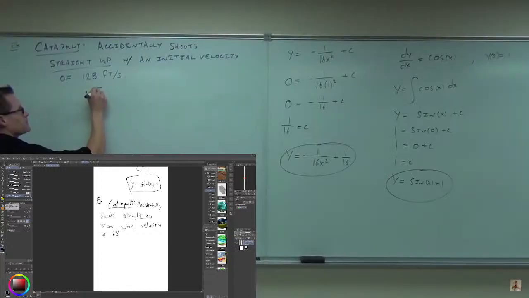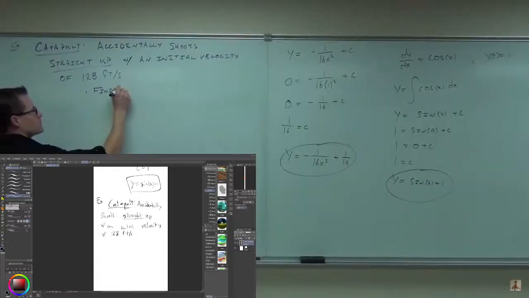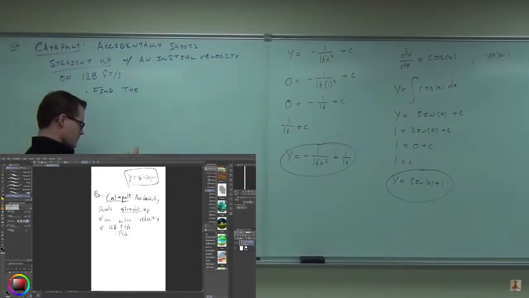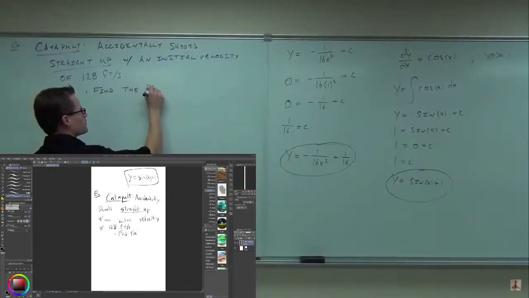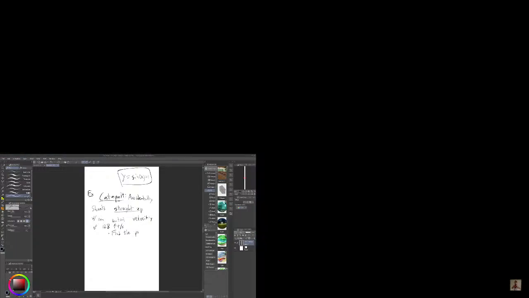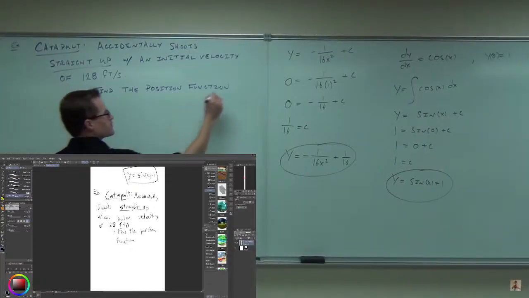I want to do a few things. I want to find the position function of this projectile, basically, for the height.